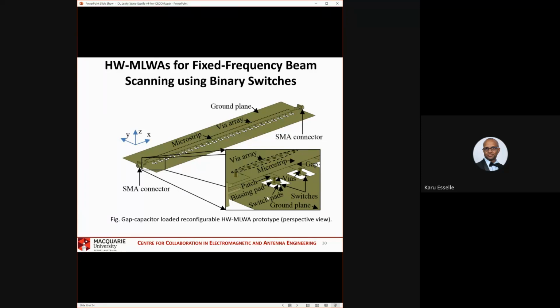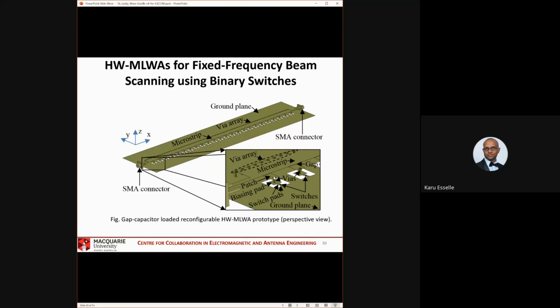So when we bias, we apply one voltage to the ground plane. Then to accommodate the switches, there is a slot here. We remove the ground plane, and inside the slot there is another patch. We call it bias pad.